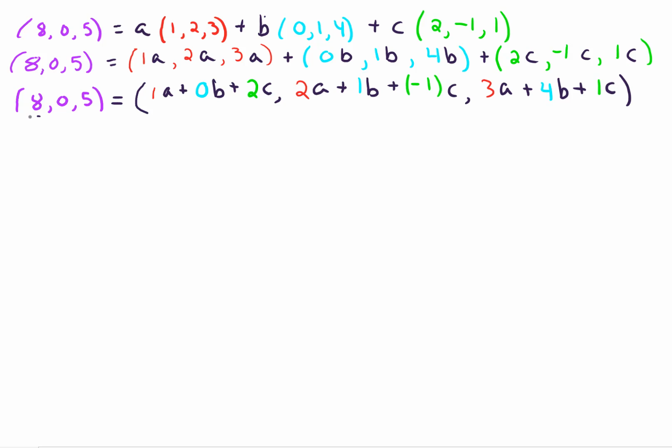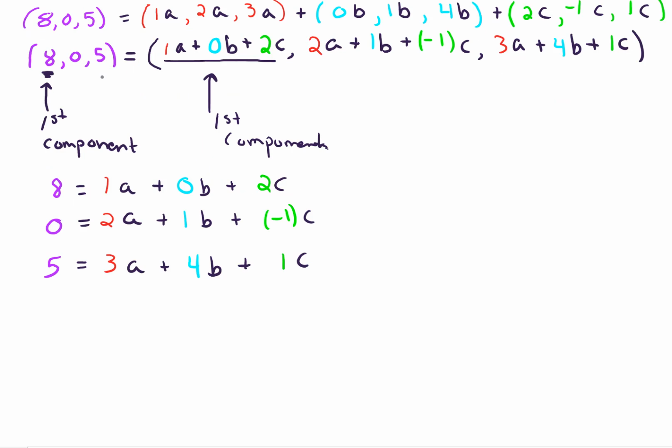Now we're in a good position to start equating the different components here. So this 8 is in our first component. And over here on the right-hand side, we have a very big expression for the first component. If we equate those first components, that gives us our first equation, and then our second components, which are 0, equals 2A plus 1B plus a negative 1C, and then our third components give us the third equation.